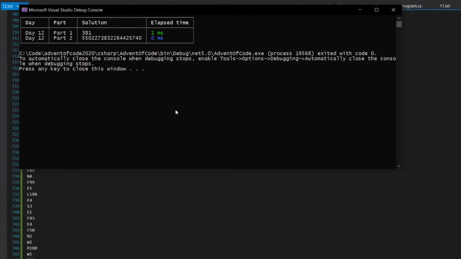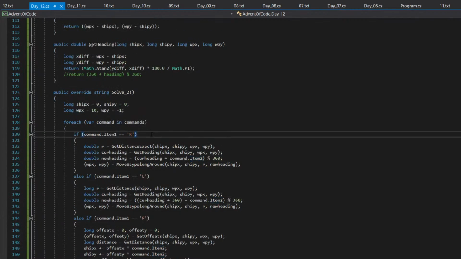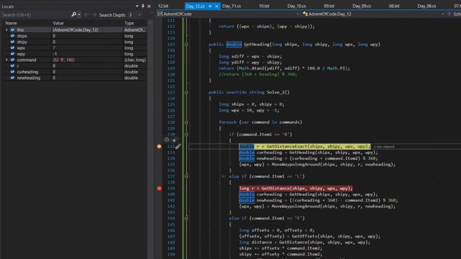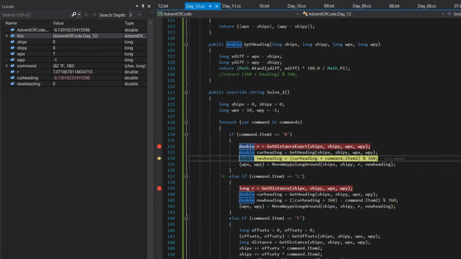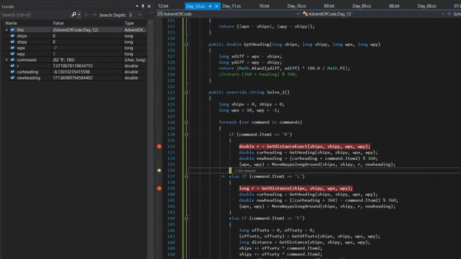Oh boy, that is a gigantic answer. There's no way it's that. All right, right 180 degrees. We should see WPX flip to -7. Current heading is -8. That is correct. New heading 171. Makes sense. And we see WPX flip.